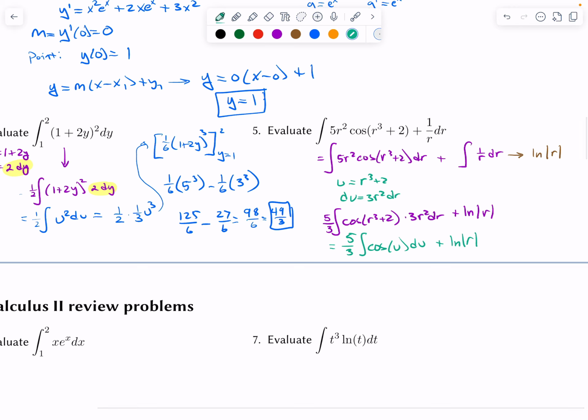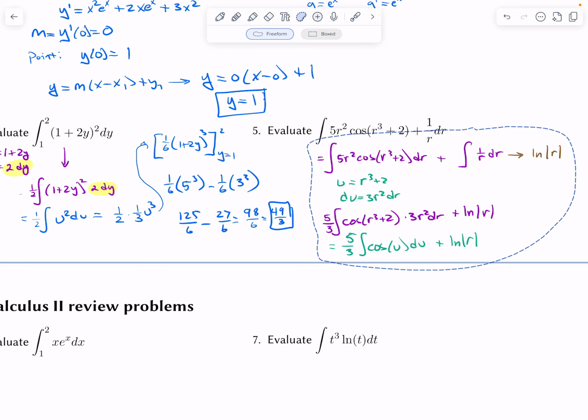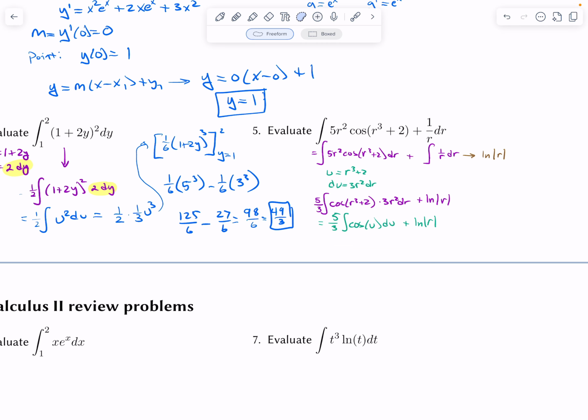And then, I guess I need to shift some stuff around. Didn't give us much room, did I? There. Okay, so that is equal to 5/3 sine of u plus ln of r. Okay, now that I've got all of my antiderivatives, I'm going to just put in my plus c.